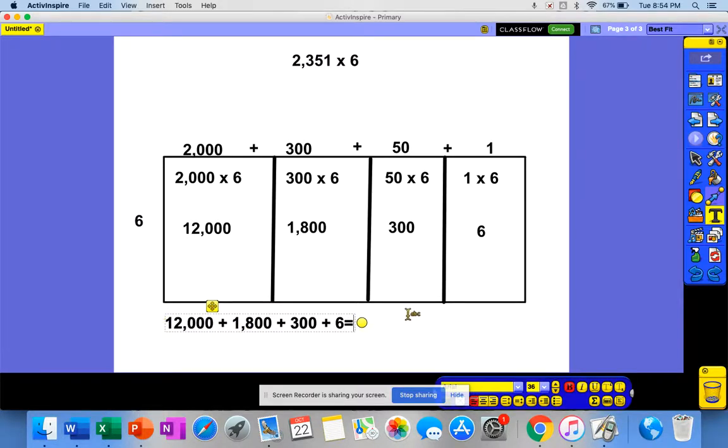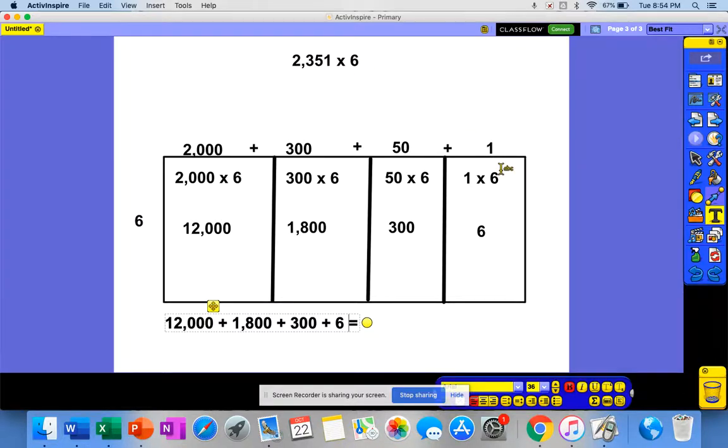Now for something this size, they really will want to line those up and put those up and down so they can easily multiply those. We are still working on regrouping. So if they're practicing these bigger numbers, you need to watch that they are regrouping accurately.